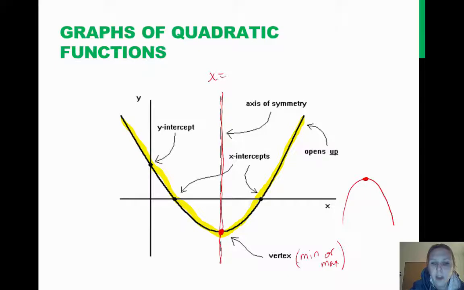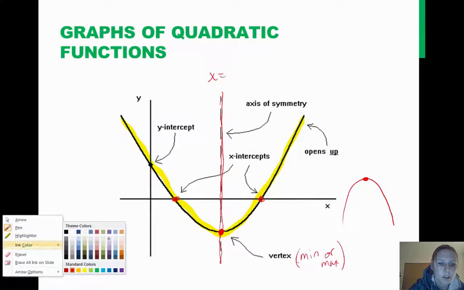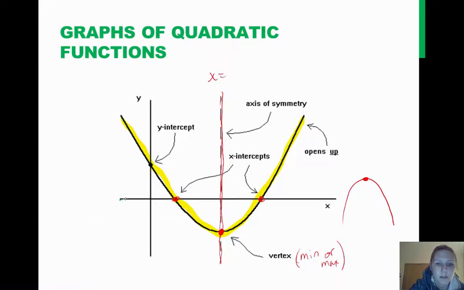We also have what are called two x-intercepts right here, and that is where the parabola crosses the x-axis. I'm going to change my color so you can see what I'm talking about. Our x-axis, we'll use green, is this one right here.